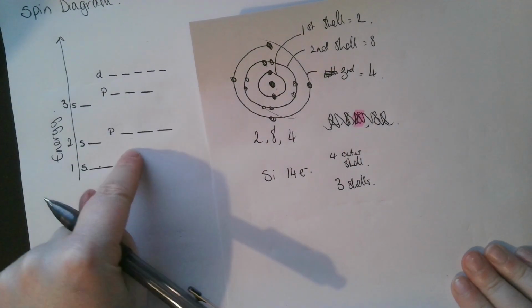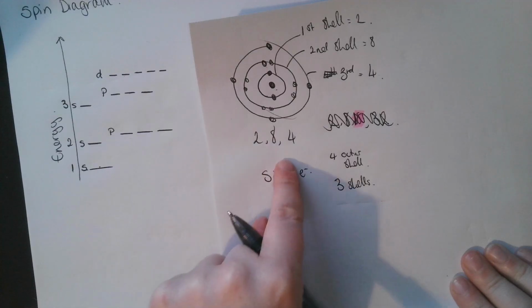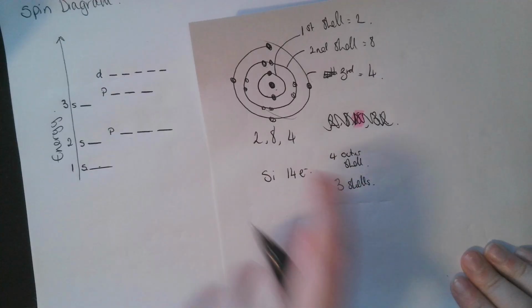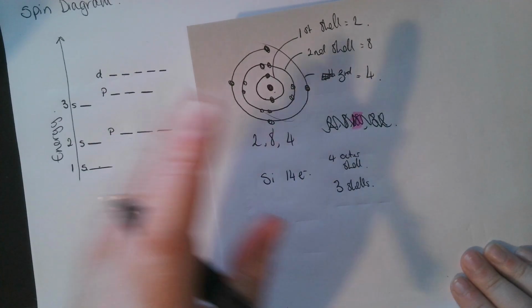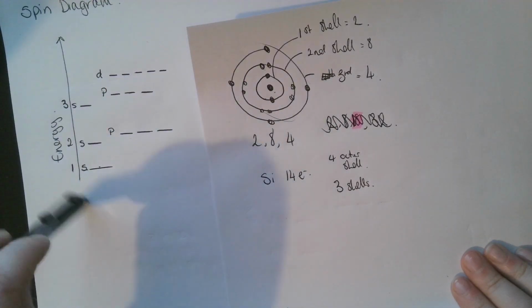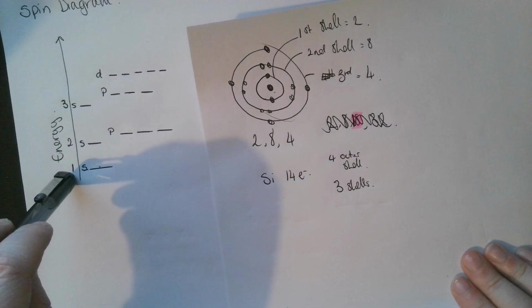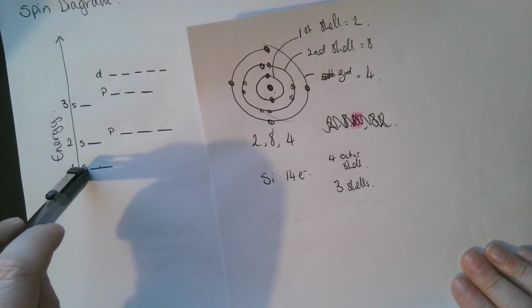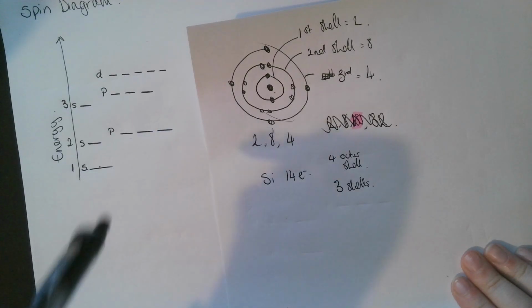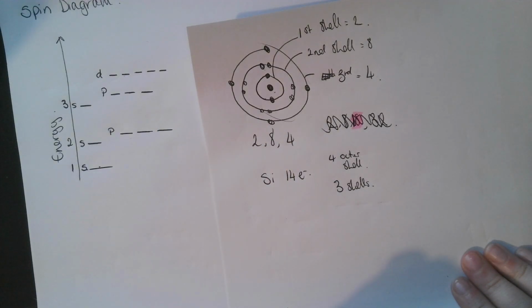Now we're moving on into A level. We don't simply put numbers. That doesn't tell us a lot about the electrons. Using this method tells us exactly what energy level, what subshell, and which orbital that electron is sitting in.